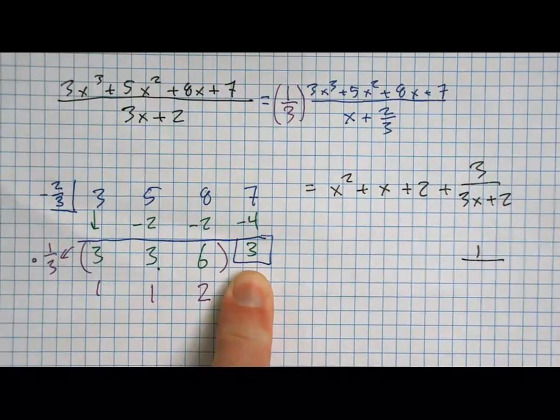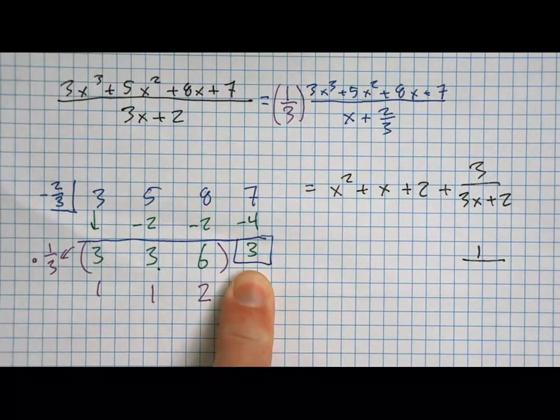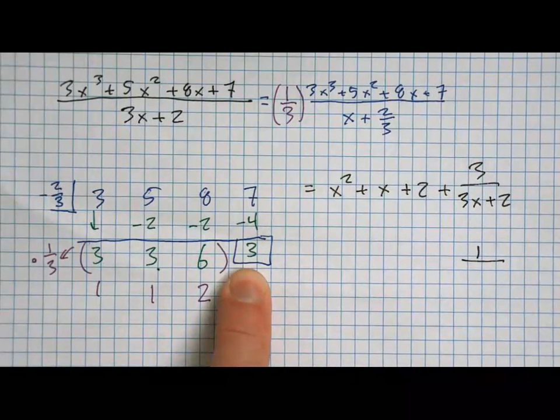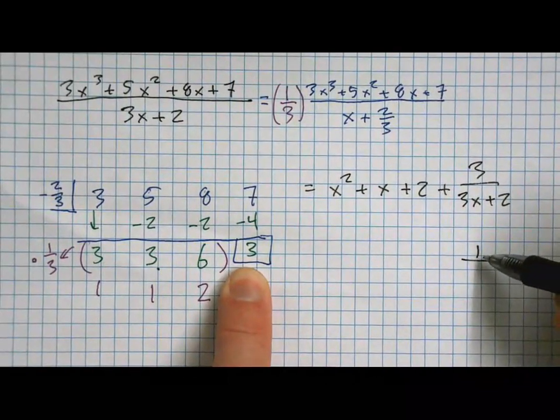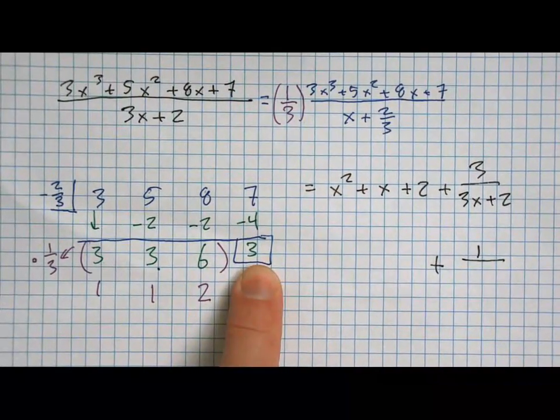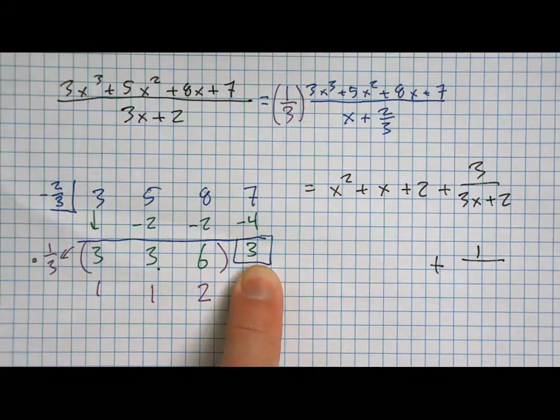So that would be a 1 over what? Well, no, you multiply by the 1 over 3. 3 times 1/3 is 1. And then what will go on the bottom? You divide that by the x plus 2 over 3. Oh, okay.